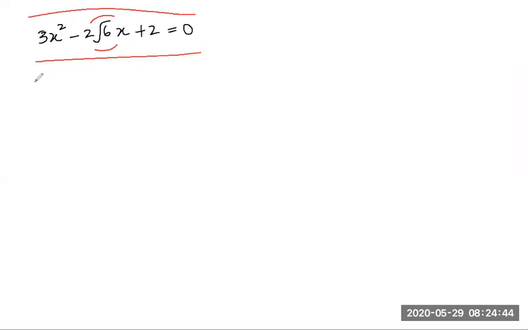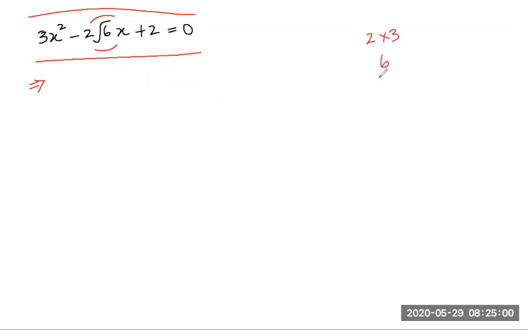No, there is nothing common. So let's go to the next step. Tell me. Sir, we'll multiply 2 by the coefficient of x square, that is 3, so that we get 6. Correct.